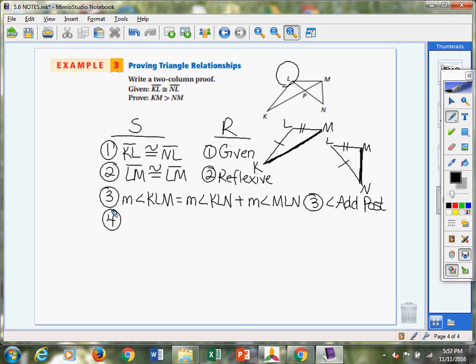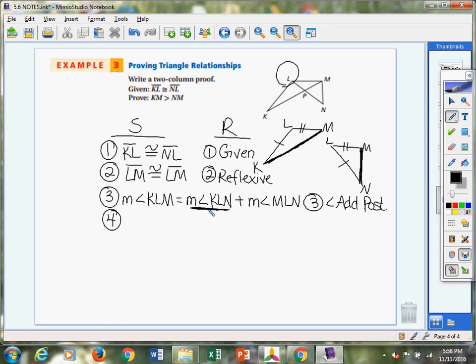And then look at your equation. This is where this new property comes into place. It's called the comparison property of inequalities. Remember, we're really after proving that angle KLM is bigger than MLN, or NLM. That's really what we're after, so we're not really interested in this equation.